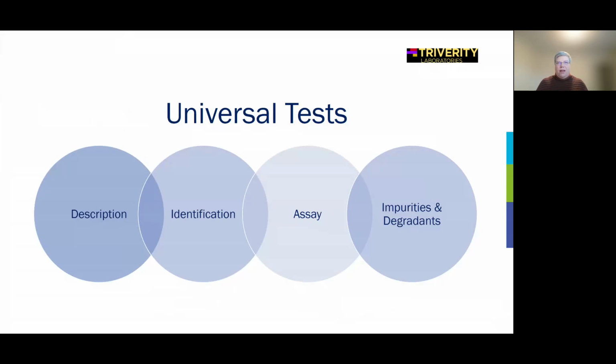So clear is not a color, colorless is a color, and clear is an appearance criteria. So a good thing to do when you're setting your description specifications is to draft it, take your product, put it in front of somebody else or two or three other people and say, would you agree that this meets that specification?